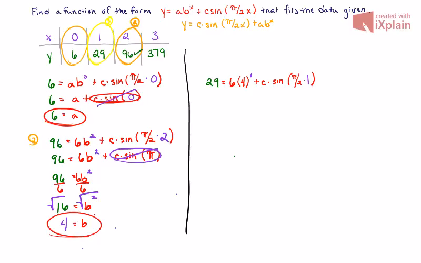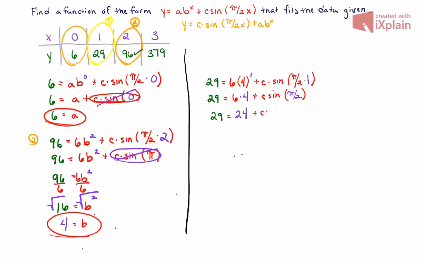So as we continue to evaluate this, we get 29 is equal to 6 times 4 raised to the first power, which is just 4, plus c times the sine of pi halves times 1, which is just going to give you pi halves. And we can continue to clean this up. So we have 29 is equal to 6 times 4 is 24, plus c times the sine of pi halves.